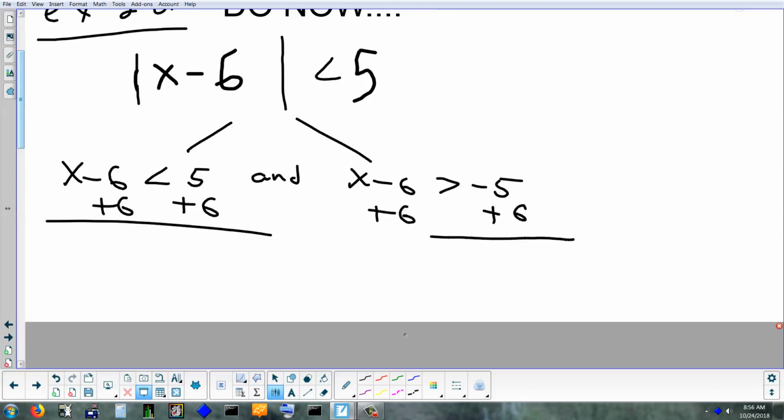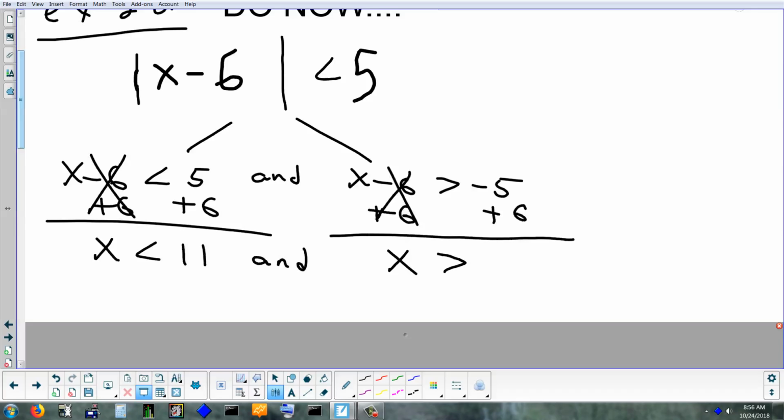That's gone. x is less than how much? Matt? 11. x is less than 11. And that's gone. x is, Ellie? Greater than -1.